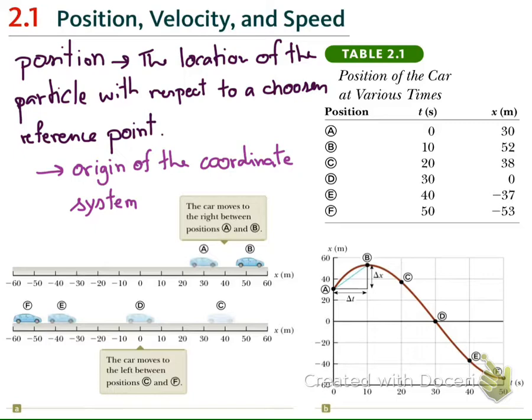Okay, so that is the definition of the position.